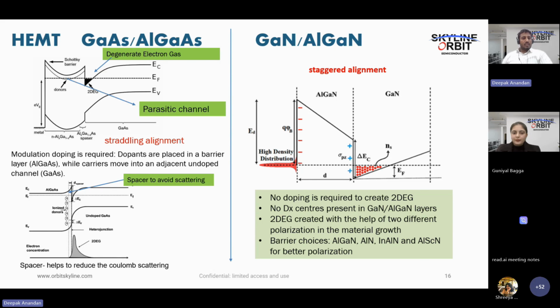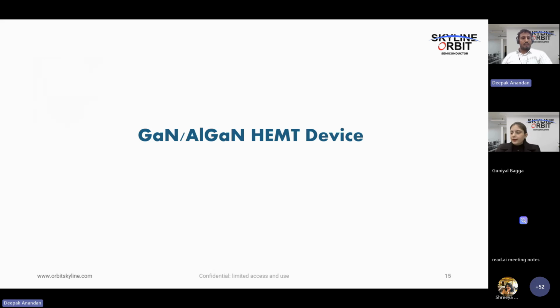So moving on to the devices, actually HEMT devices. The architecture of the HEMT device is pretty much the same for gallium nitride power as well as gallium nitride RF. The only difference is a few modifications in the gate structure and the drain to gate spacing; the rest of the things are pretty much common.